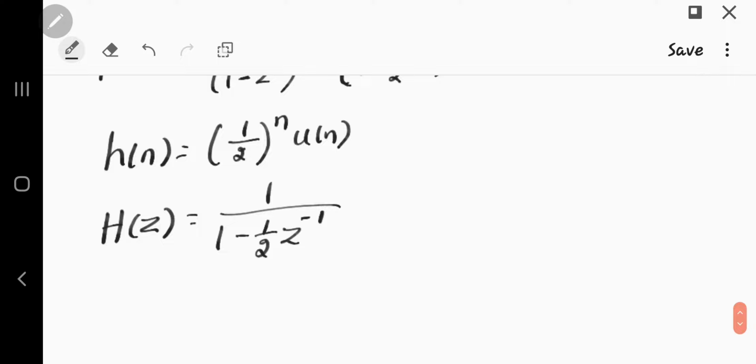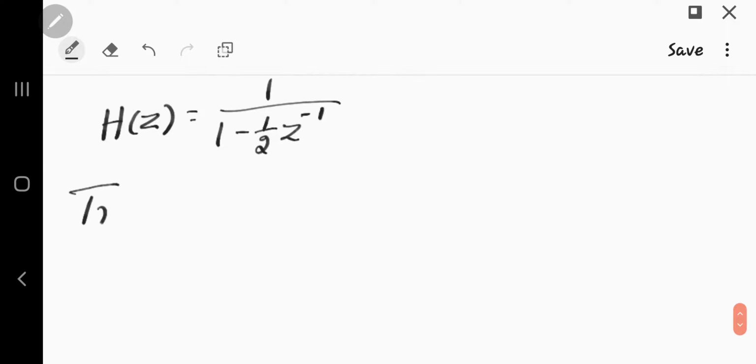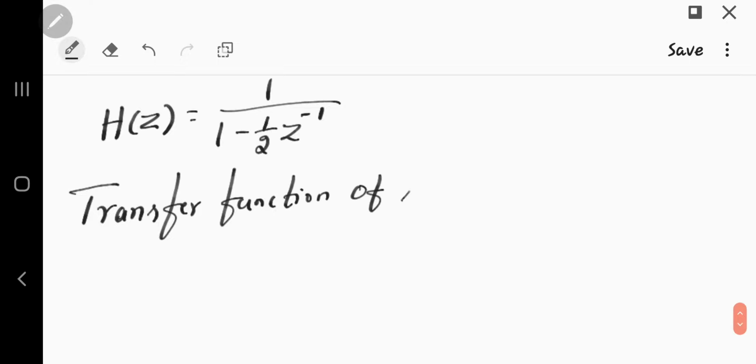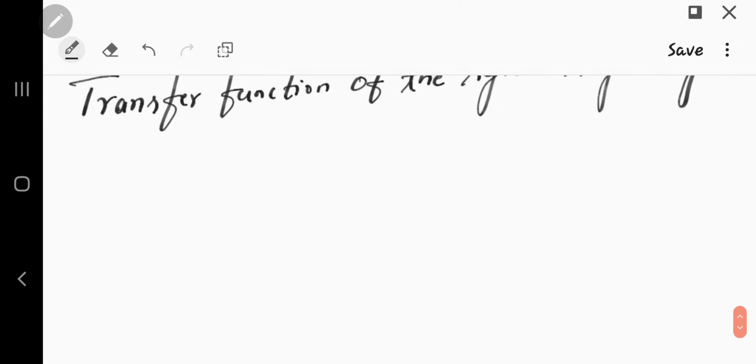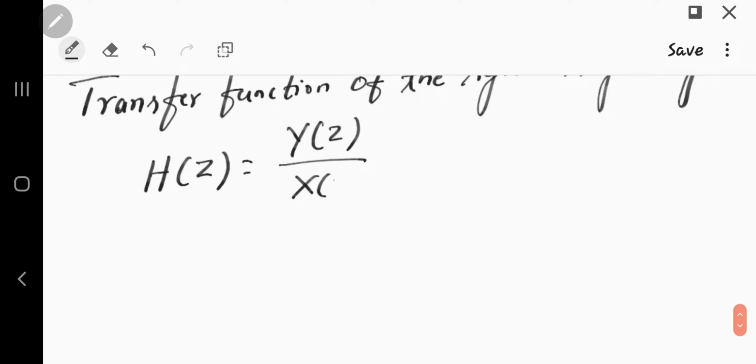So the transfer function or system function of the system is given by h of z equal to y of z by x of z. Since we have to find x of n, we need x of z, and x of z is also not given here.